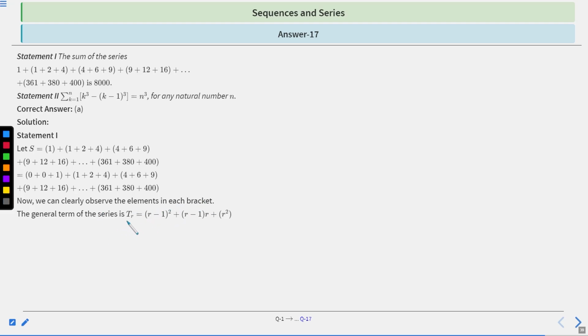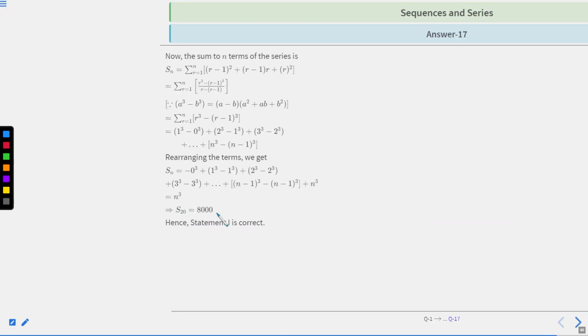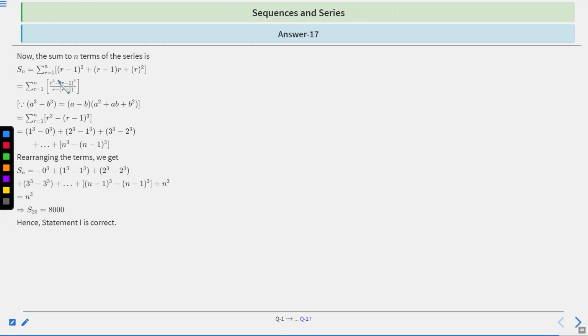The general term of the series can be (R minus 1) square plus (R minus 1) into R plus R square, right? It is basically (R minus 1) square, then (R minus 1) into R, then R square. This is the general term. Now, Sn is basically summation of R equal to 1 to n of (R minus 1) square plus (R minus 1) into R plus R square.